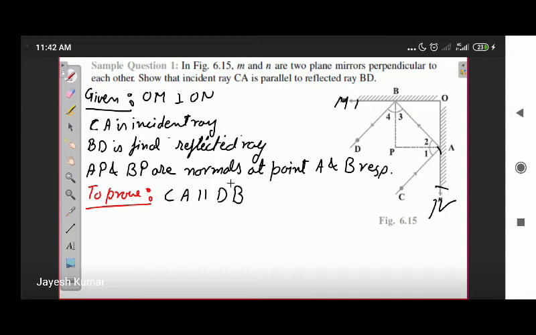First, we can prove that the pair of alternate interior angles are equal, therefore the lines will be parallel. Or we can prove that the pair of corresponding angles are equal, then the lines will be parallel. Or we can say finally that the pair of co-interior angles are supplementary. In that case also the lines will be parallel. So we have just these three means to prove that lines given to us are parallel or not. Okay, so we are going to use one of these means in order to prove what we have now.